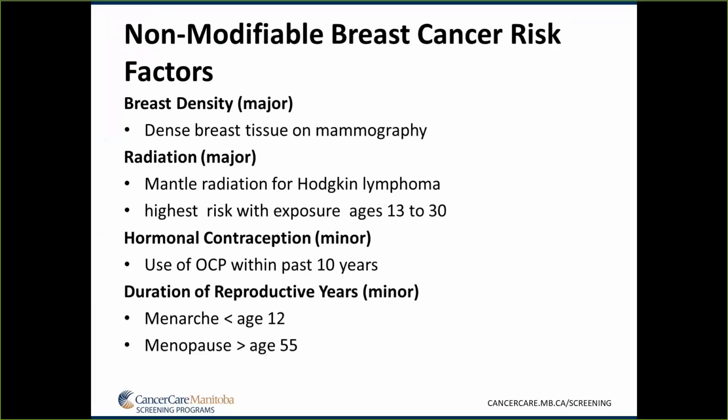If anybody wants to have a peek at the Dutch guidelines regarding surveillance for those patients, you can email me, and maybe I'll just take a second to give my email address. M. Kristjanson, that's MKRISTJANSON at cancercare.mb.ca.